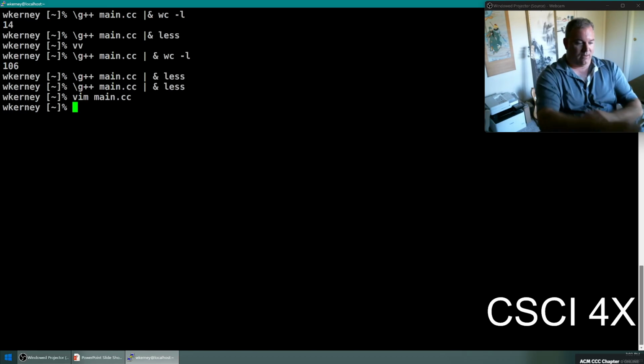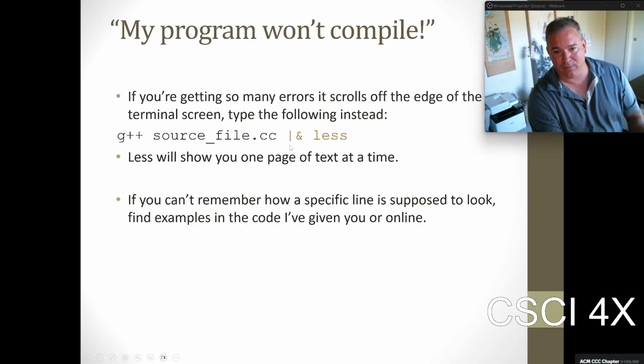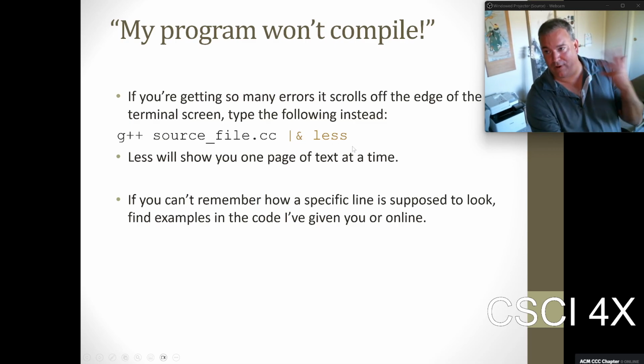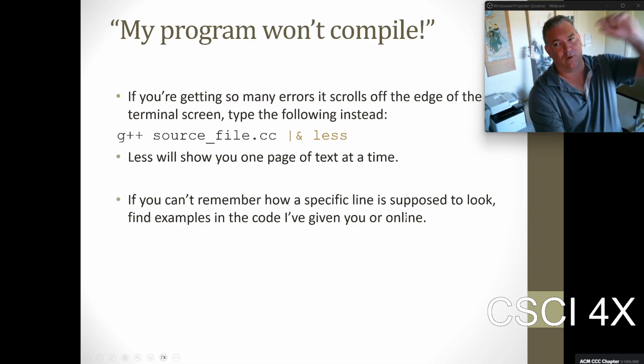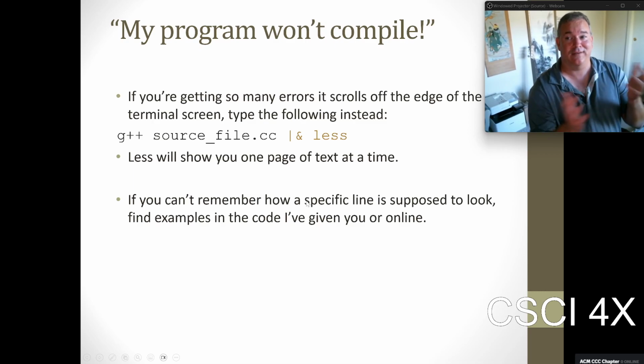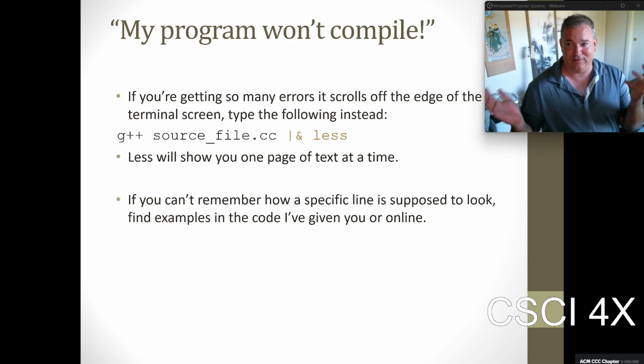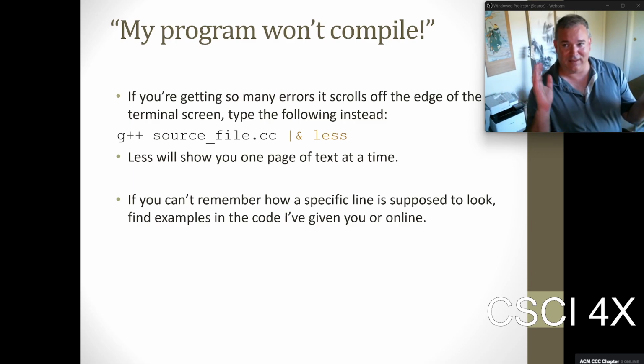So when you get a ton of error messages like that, which will happen to you in C++, pipe the results through less, where the ampersand means standard error, which is where the errors appear, and you'll get one page of errors at a time. Usually you want to look at the very top error. The very top error is usually the most useful one. Like, you forgot to declare a variable, and then all the errors below it are like, I don't know what this x thing is you're adding 2 to, I don't know what this x thing is you're trying to divide.